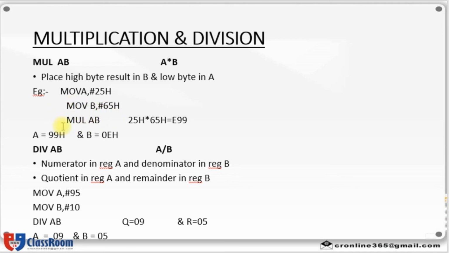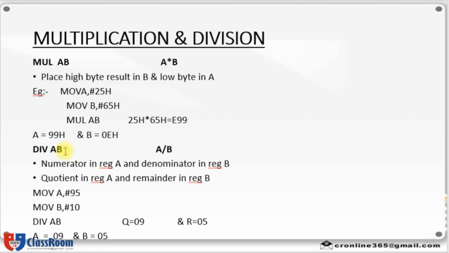By using this multiplication instruction MUL AB, this 25H is multiplied with this 65H and I got the result as E99. So you can see that the high byte result is E and the lower byte result is 99. You have to place this lower byte result in the accumulator and the higher byte result in the B register.